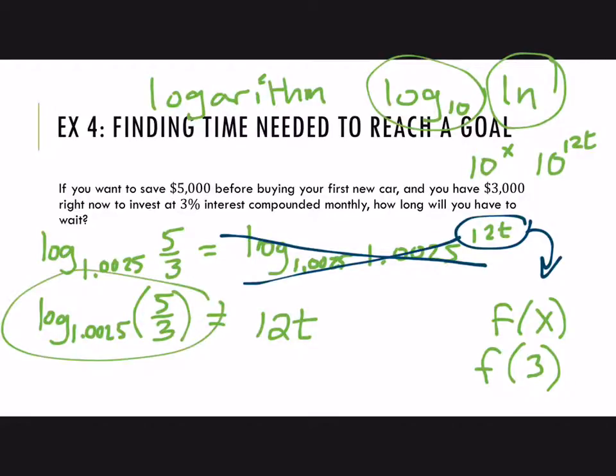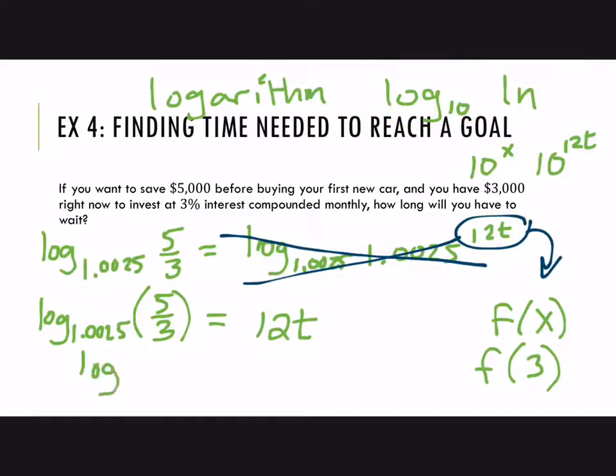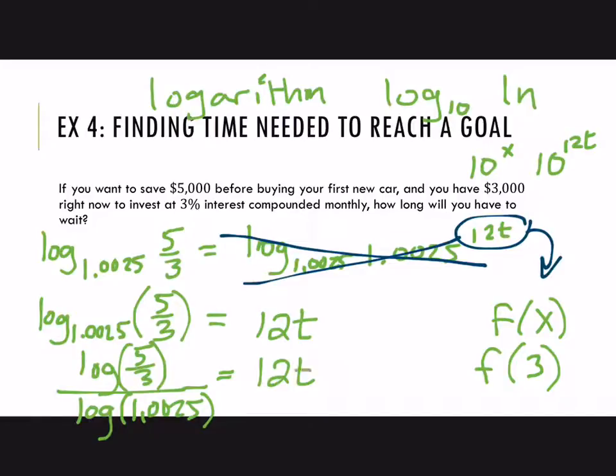This expression on the left of the equation is the same as a log base 10 of the big number 5/3 divided by the log of that little number, 1.0025. It's called the change of base formula. We won't get into a proof of that, so we're just going to accept that as a rule and use that. So let's try it out.